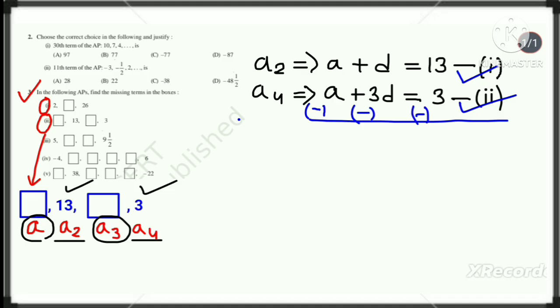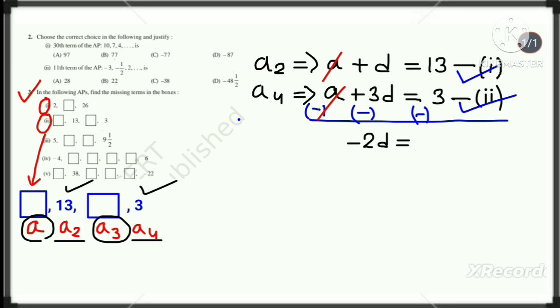Now this A and this A can be cancelled out, and here minus 3D and plus D. After subtracting, we obtain minus 2D equal to, and here also plus 13 and minus 3.